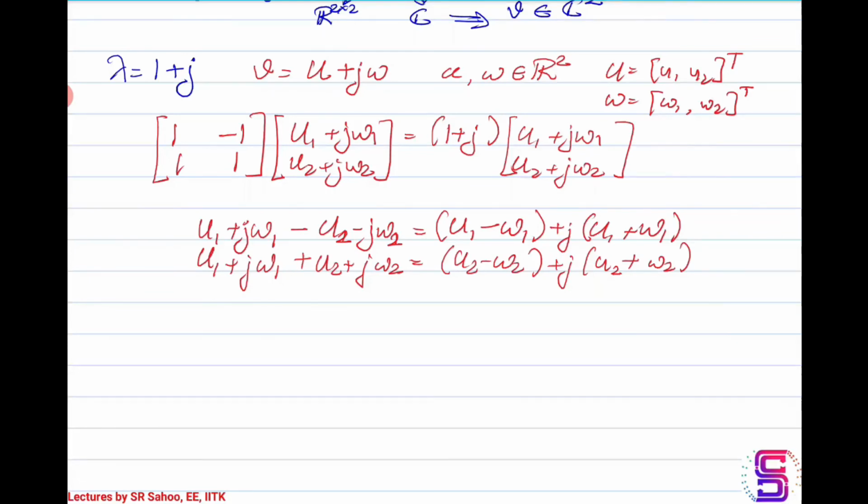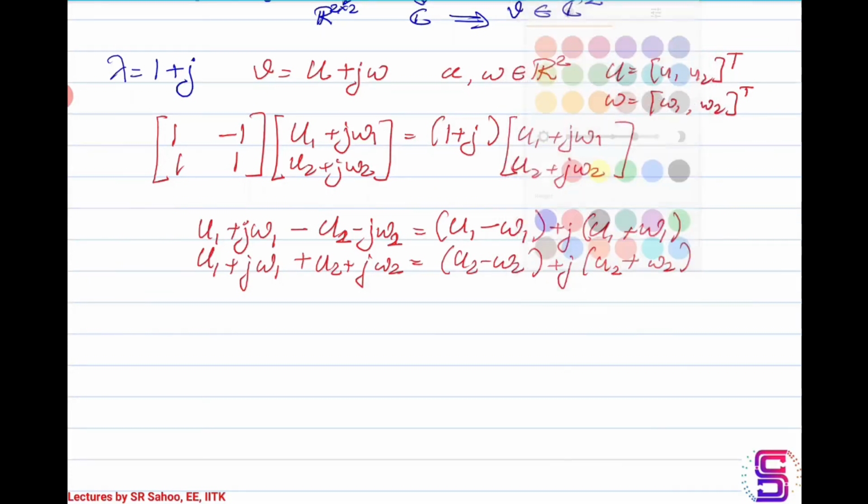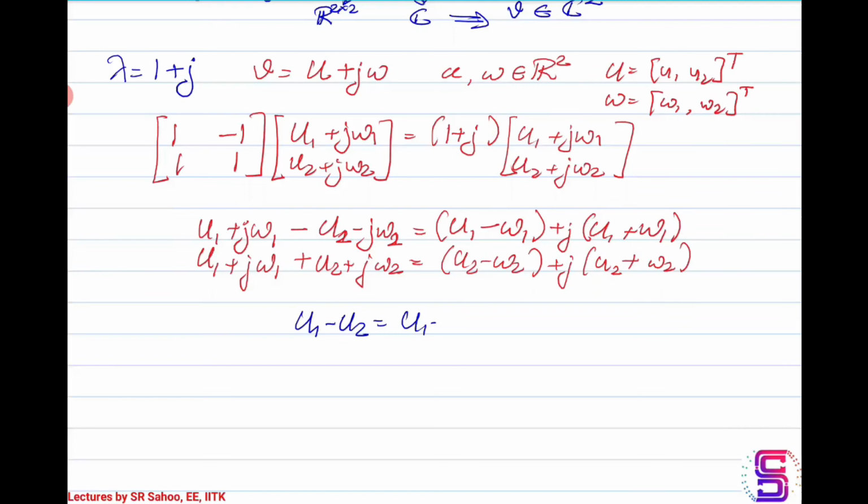So if you equate the real and the imaginary parts, what we get is u1 minus u2 should be equal to u1 minus w1. Then you have w1 minus w2 should be equal to u1 plus w1.